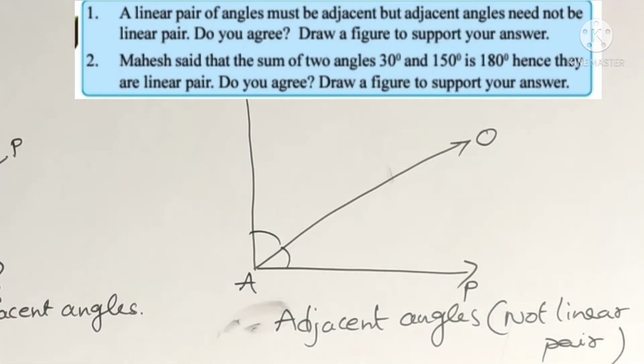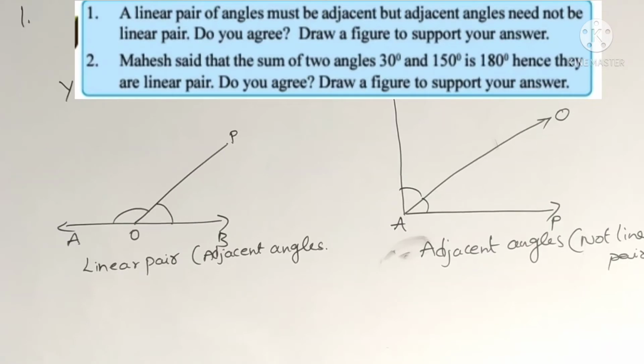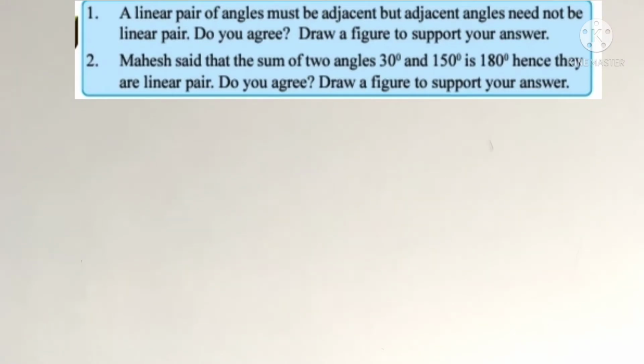And the second one, Mahesh said that the sum of two angles 30 degrees and 150 degrees is 180, hence they are linear pair.